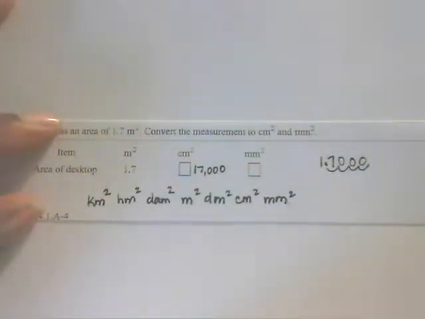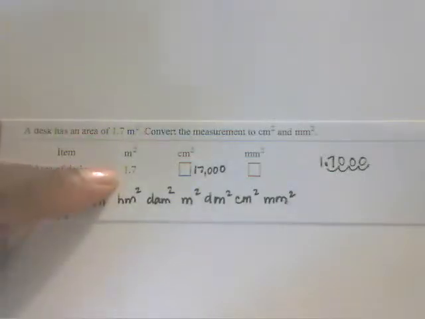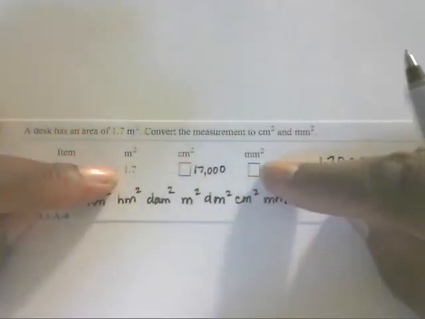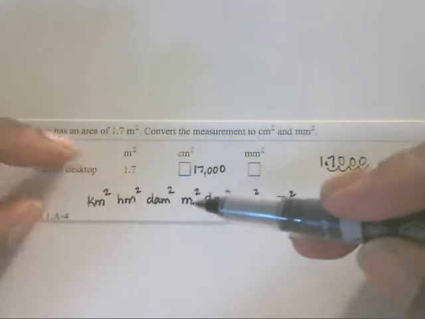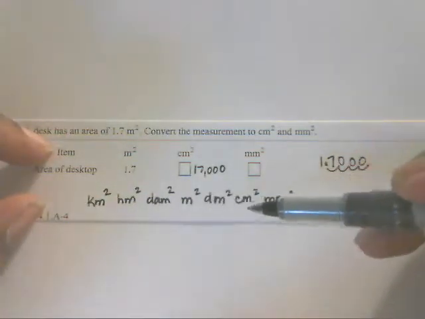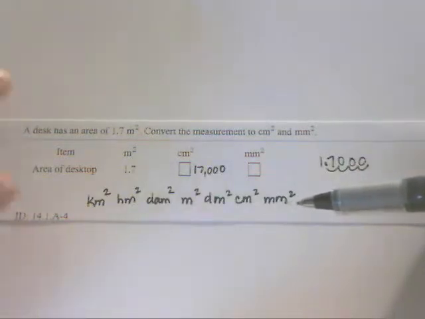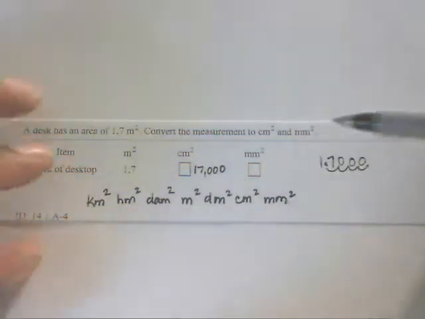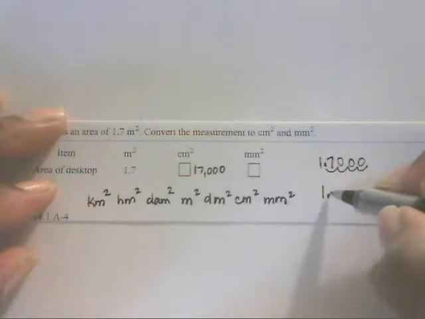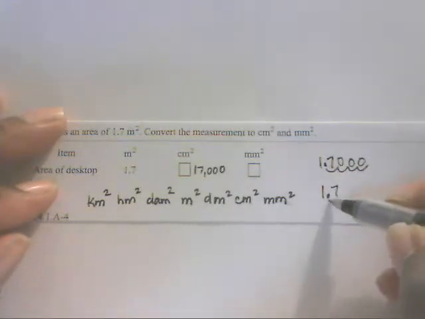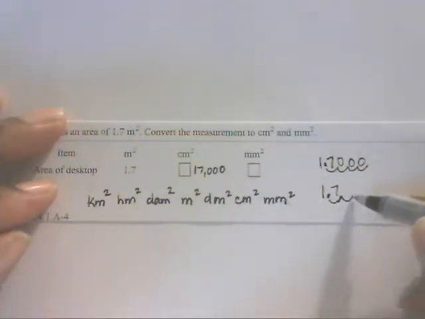Okay? And then we want to convert square meters to square millimeters. From meters to millimeters, that's 1, 2, 3 places to the right. But since the square units is going to be 2 times 3, which is 6. So 1.7. This time we're going to move the decimal point 6 places to the right.